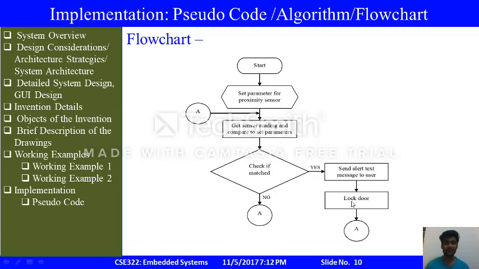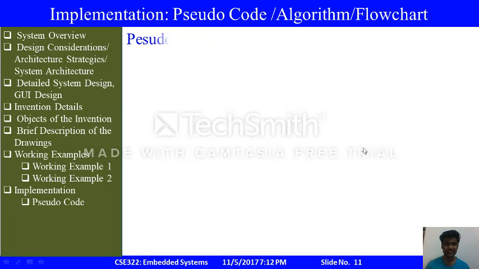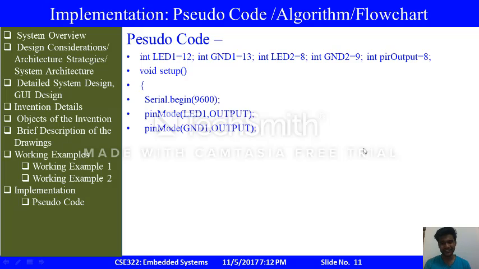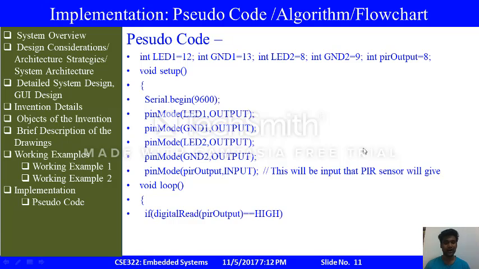Now we're going to discuss the pseudocode of our project. As we have discussed earlier, our PIR sensor will send a high input to our Arduino, which we have set as PIR output 8 on pin mode 8. On pin number 8, we will get the input from the PIR sensor, which will send high or low. If the PIR output is high, we will work accordingly.